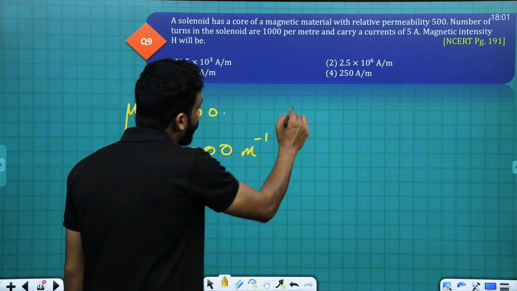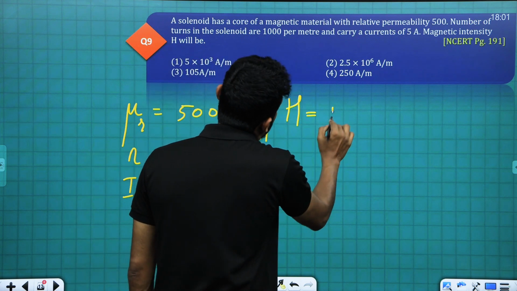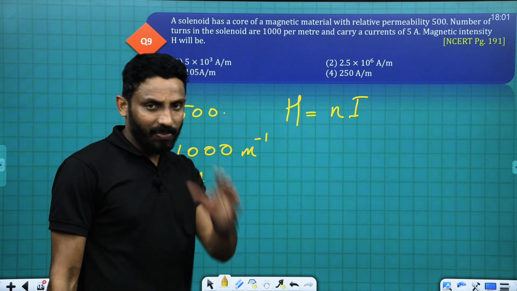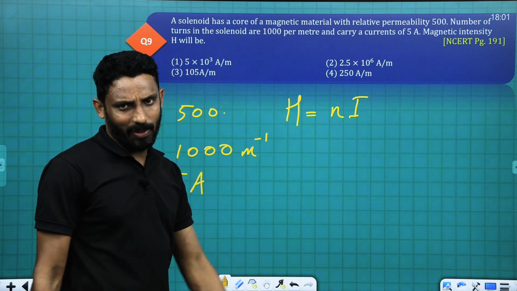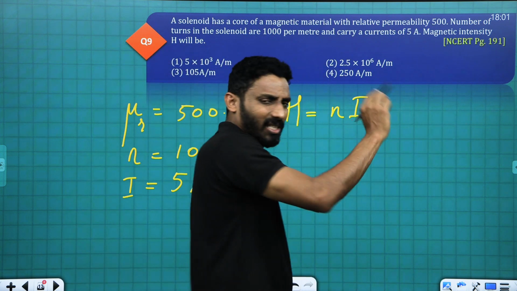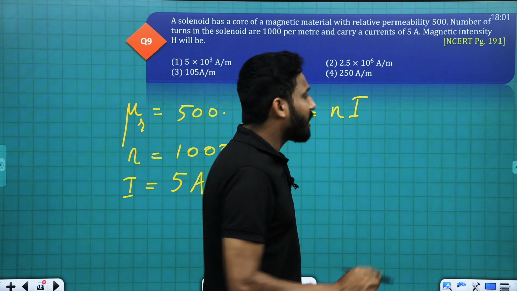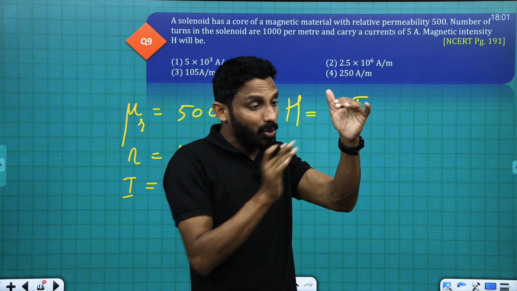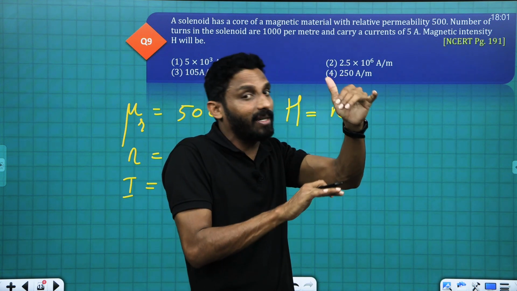What is the equation of magnetic intensity? Magnetic intensity H is equal to n i. And we studied the connection between H and M, that is M equal to chi H. Chi is the ratio of M to H, magnetization to magnetic intensity.